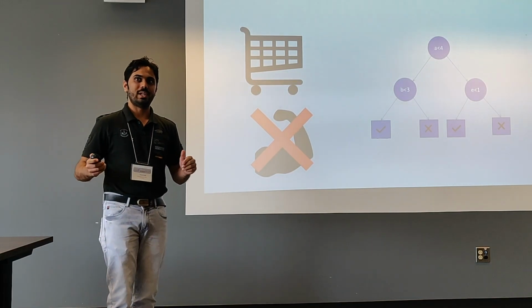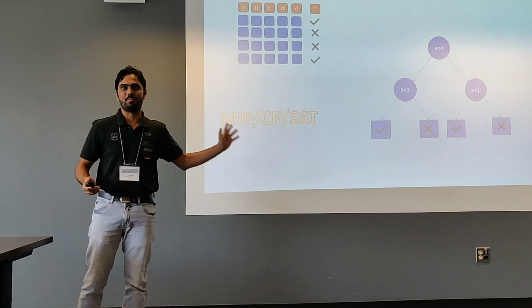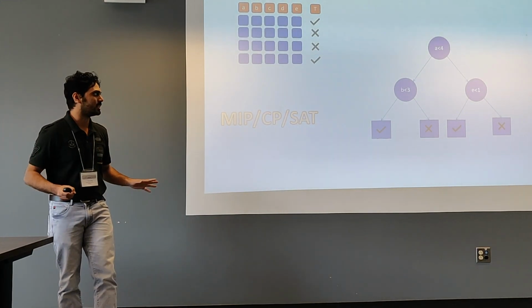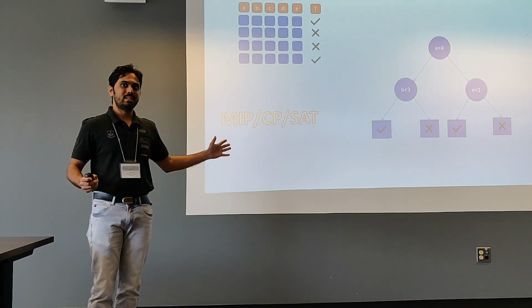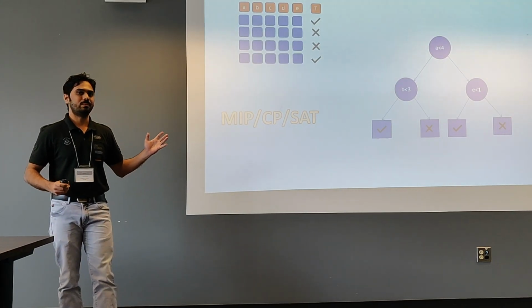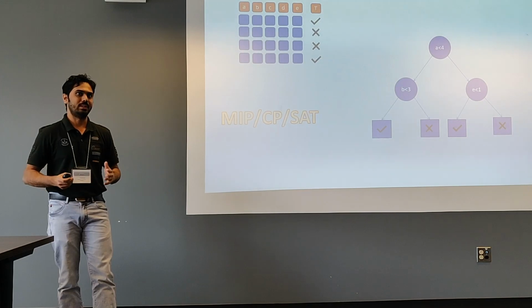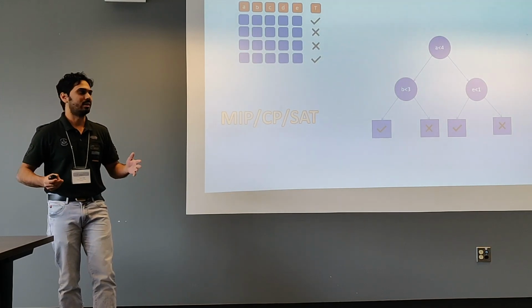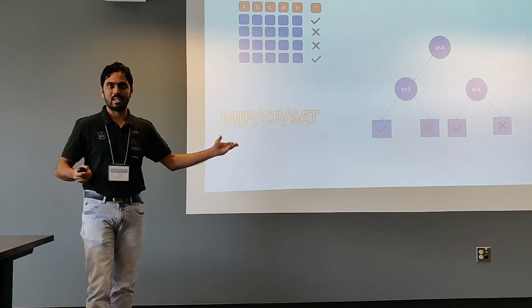People in the OR community don't like that, so they came up with a lot of different types of models: MIP models, CP models, SAT models, all sorts of models. Sometimes they do give optimal trees, but they are not very scalable. They only work with very small data sets. They don't work well when your data set is super huge, or the trees are super huge. But that's life.